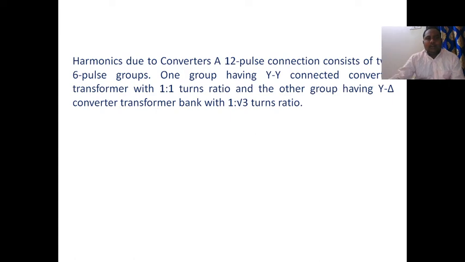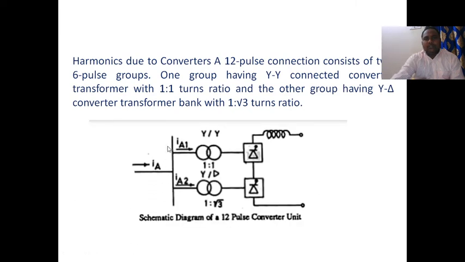The transformer bank has a turns ratio of 1 to root 3. So please observe the diagram. The current will be split into two forms, IA1 and IA2. There are two converter transformers, star to star and star to delta, having turns ratios of 1 to 1 and 1 to root 3.